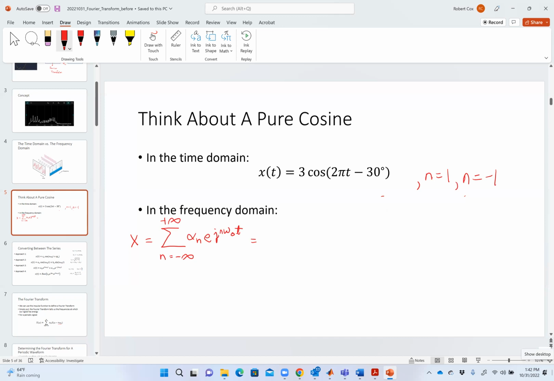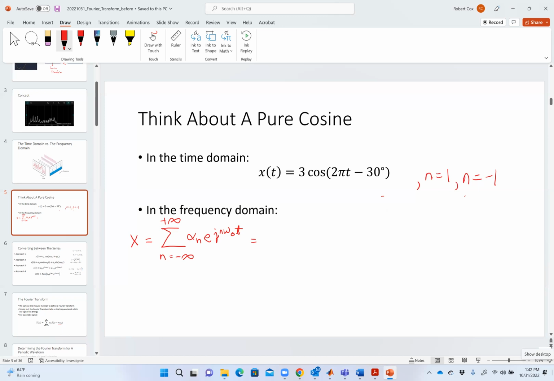If I did one of the other forms of the series, it would only be at n equal 1. Why n equal 1? Because I only have one term, so there's only a fundamental here. There's nothing else to worry about. So how would I write this out for this particular waveform in the complex form?